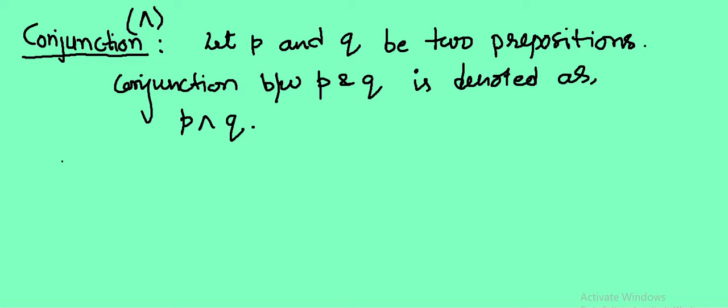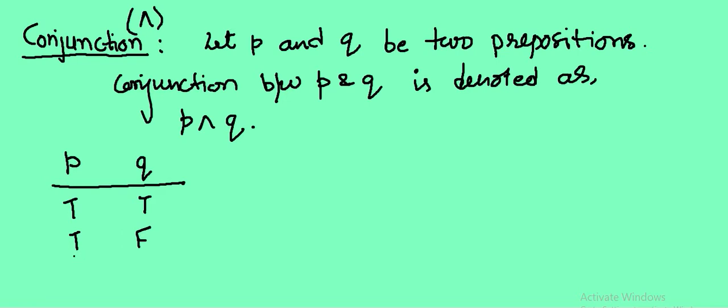So if I create a truth table by taking the values for P and Q, there are 4 possibilities. Either both are true, or both are false, or one of the propositions is true and another is false.